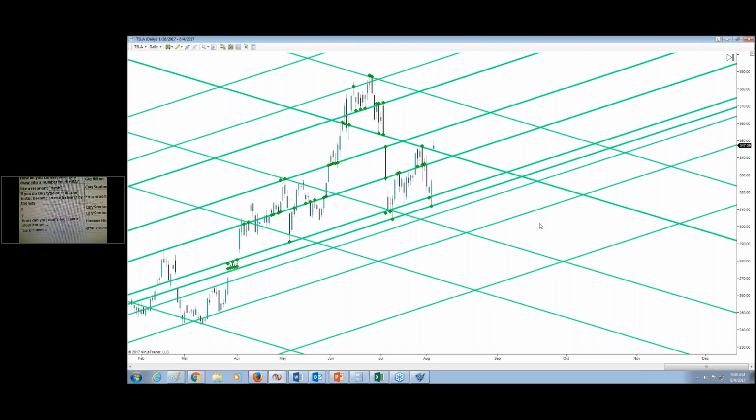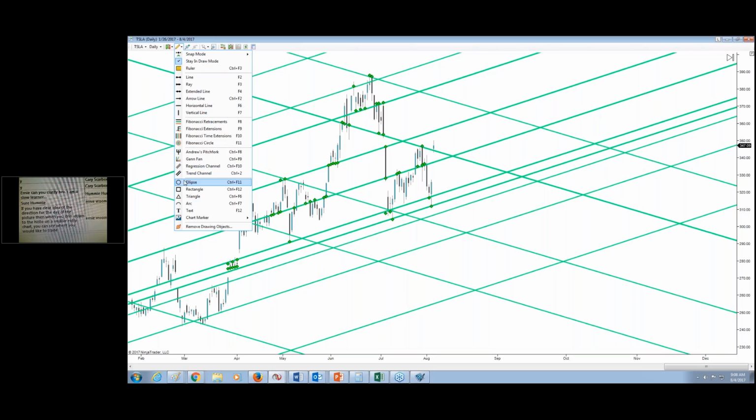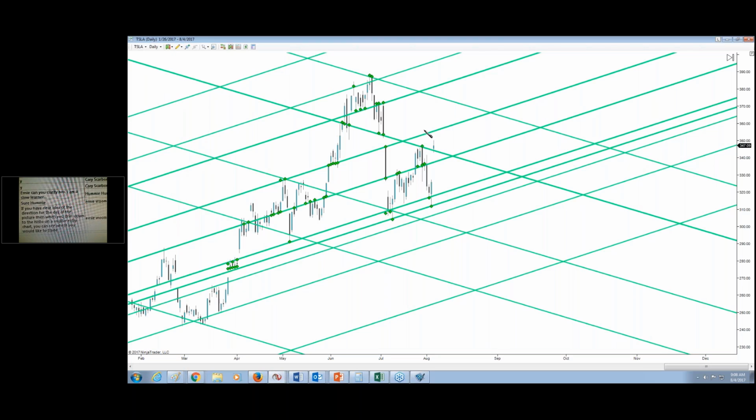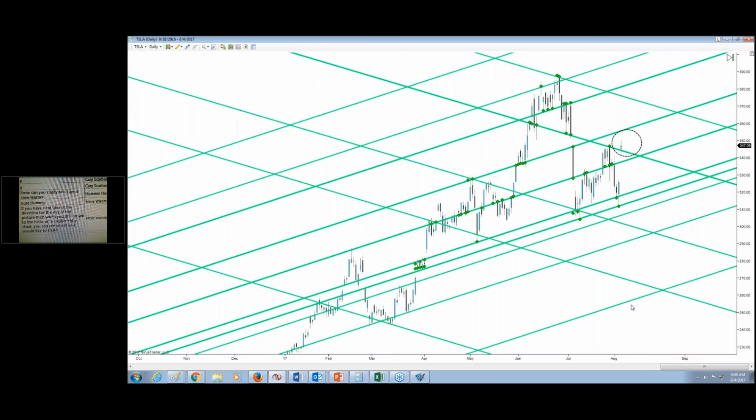So one of the things we notice about Tesla before it's even open is where this little jobby is in relation to our support and resistance network. Why do we care about where it is right now?